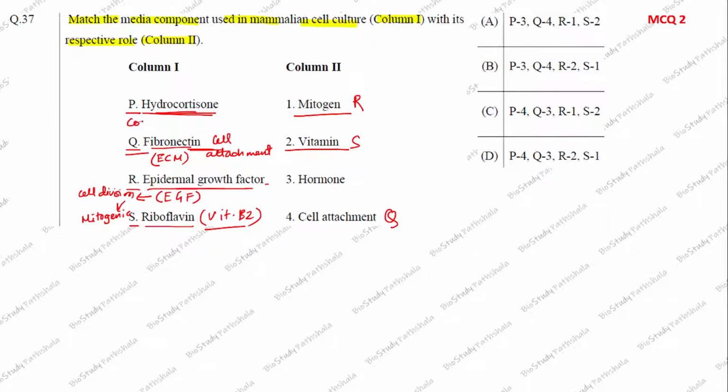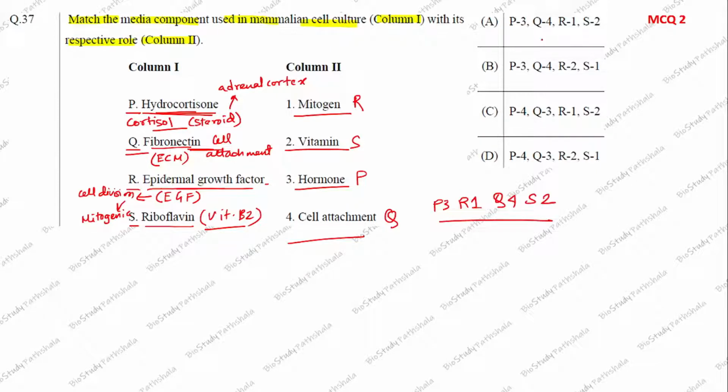Hydrocortisone is the cortisol hormone, which is a type of steroid hormone secreted by the adrenal cortex. So this is a hormone. So P is 3. So P3, R1, Q4, S2. So P3, Q4, R1, S2. So option A will be the right answer.